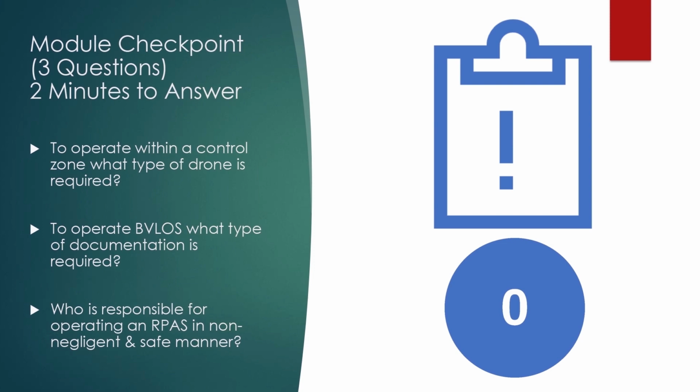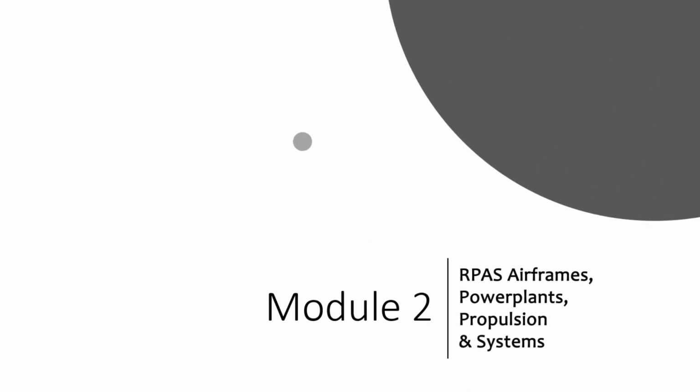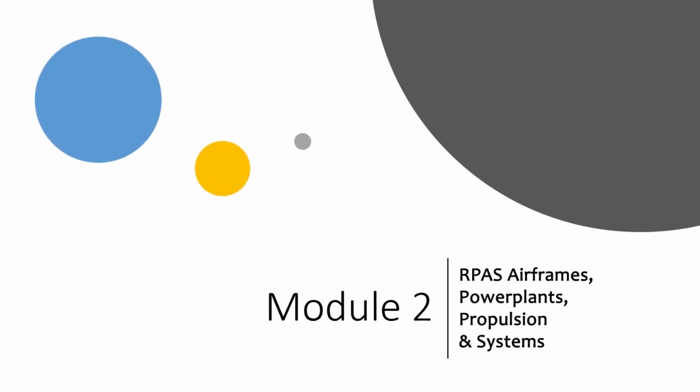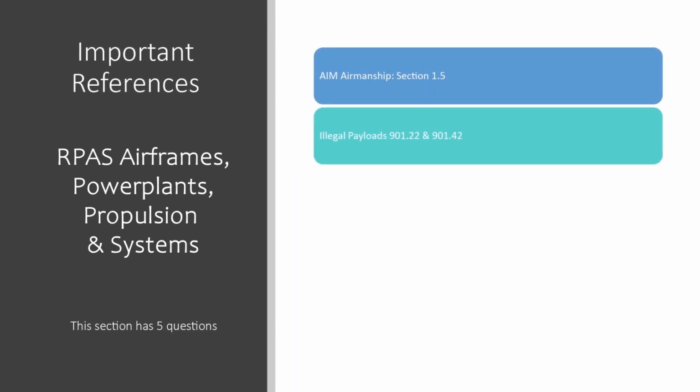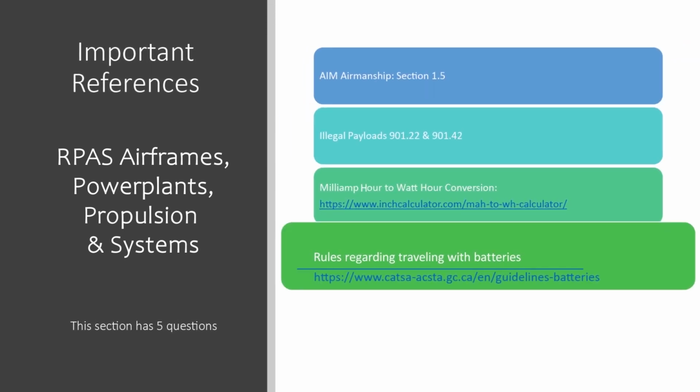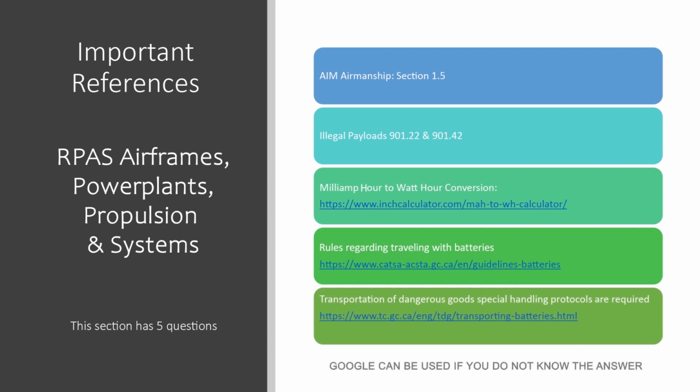Our next module is RPAS Airframes, Powerplants, Propulsion, and Systems. RPAS Airframes, Powerplants, Propulsion, and Systems is a very important section in regards to understanding parts of an RPAS.